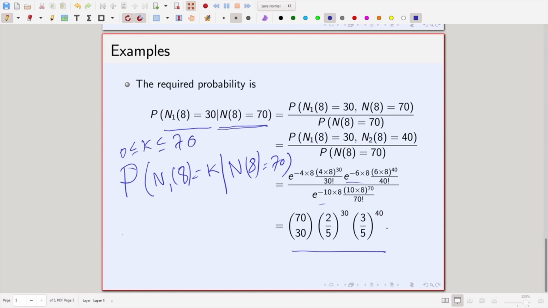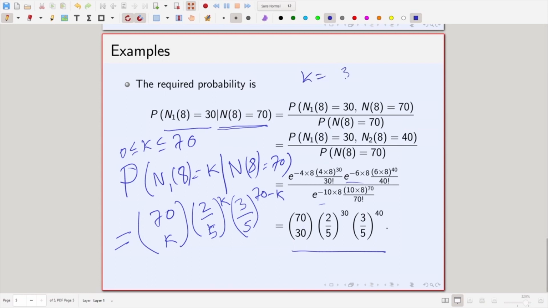If you follow the same calculation, you will see it is just 70 choose k, times 2 by 5 to the power k, times 3 by 5 to the power 70 minus k. This particular thing is for k equal to 30.